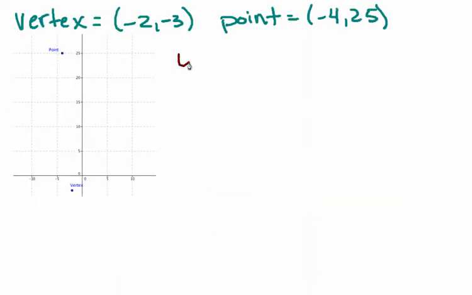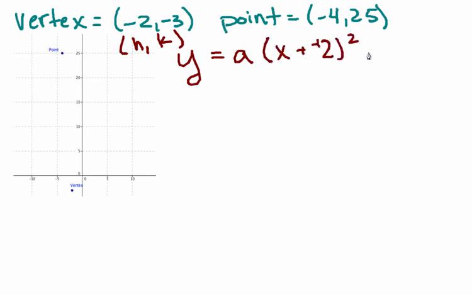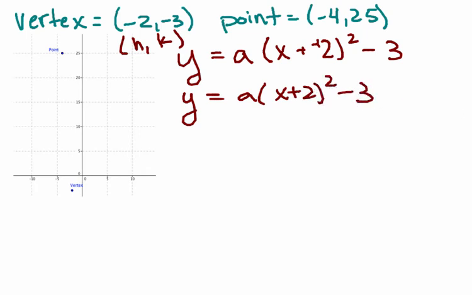Our next example has a vertex at (-2, -3). So we'll have y equals a times the quantity (x minus -2) squared plus -3, so minus 3. So y equals a times (x plus 2) quantity squared minus 3. Then we need to find that a value by using this point.